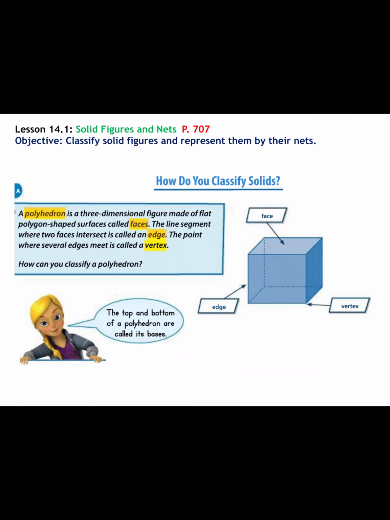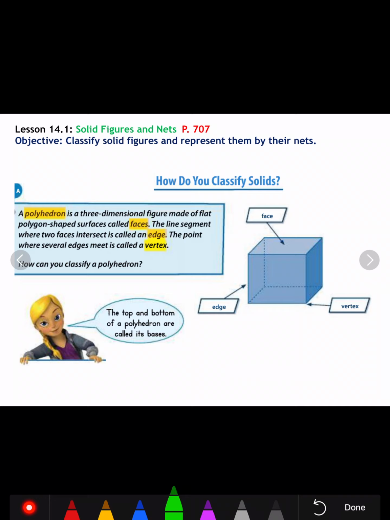Here we start our lesson with polyhedrons. Now, what do we mean by polyhedrons? A polyhedron is a three-dimensional figure made of flat polygon-shaped surfaces called faces. When I talk about polyhedrons, I'm talking specifically about prisms and pyramids.